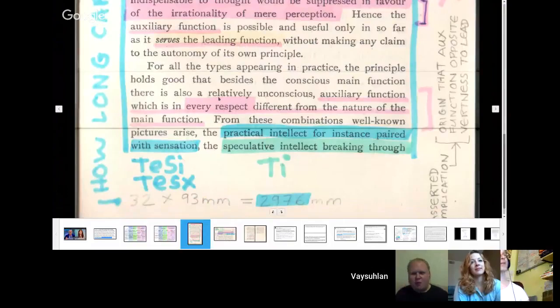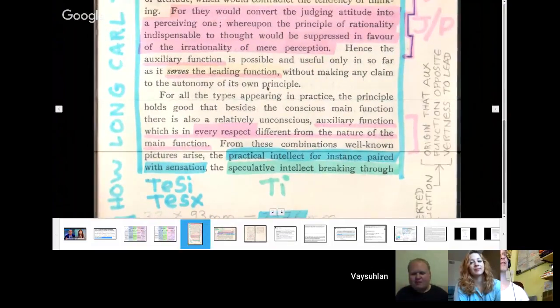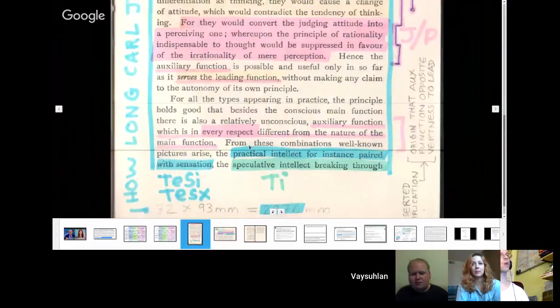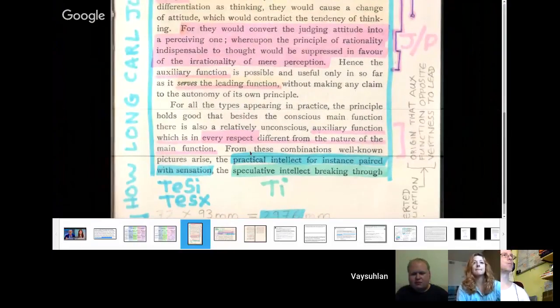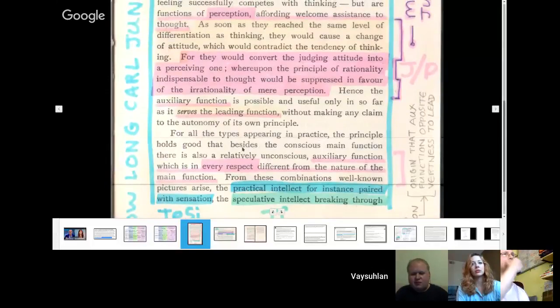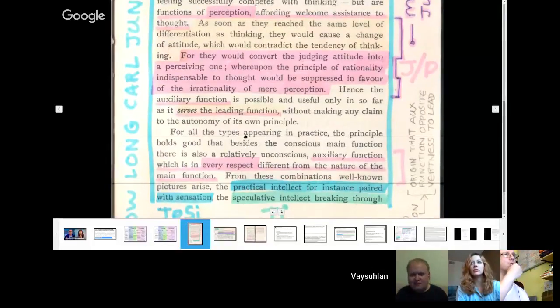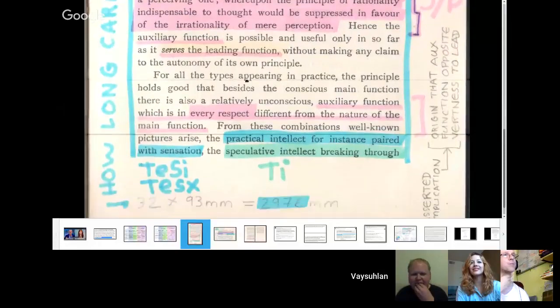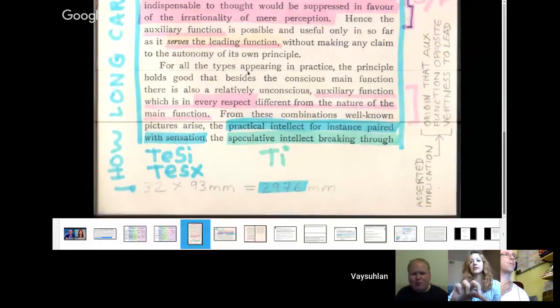So it's saying there, it serves the lead function. The one thing he says is that the auxiliary function is in every respect different from the nature of the main function.